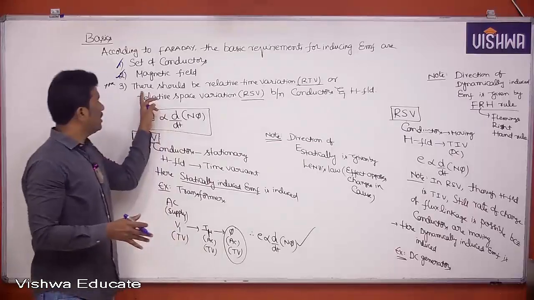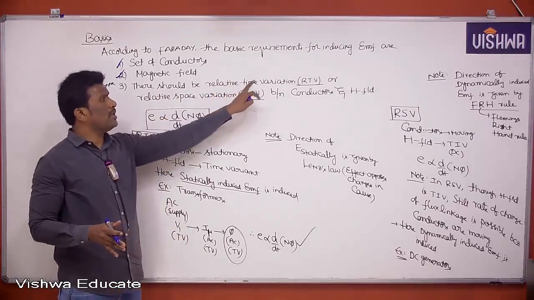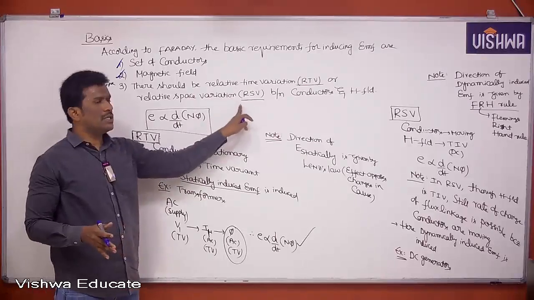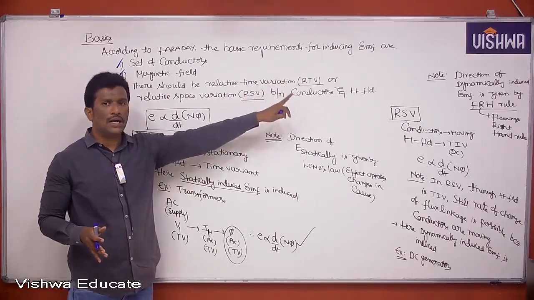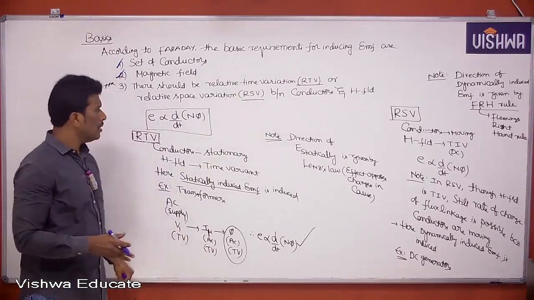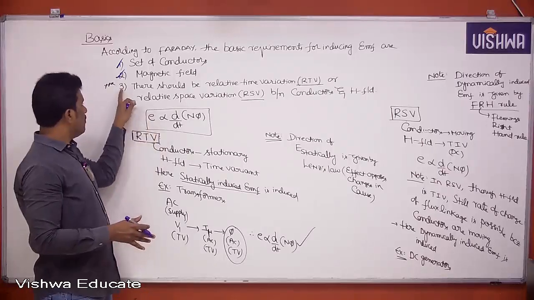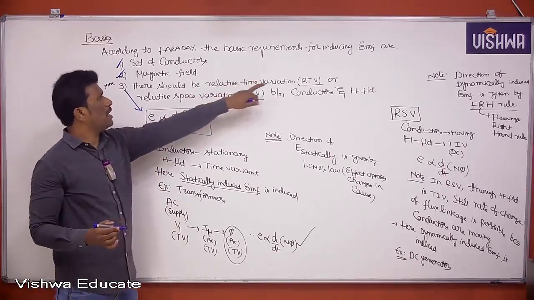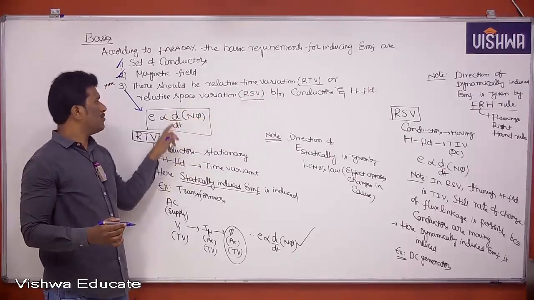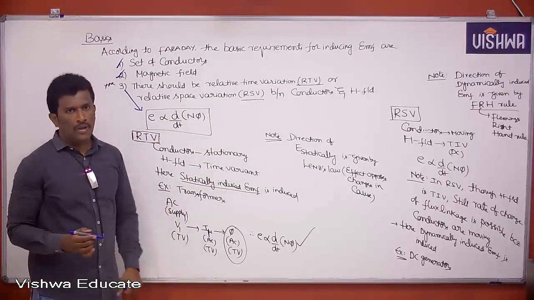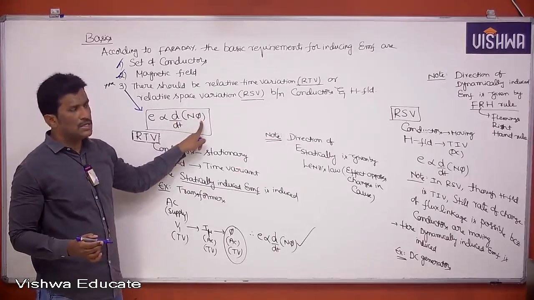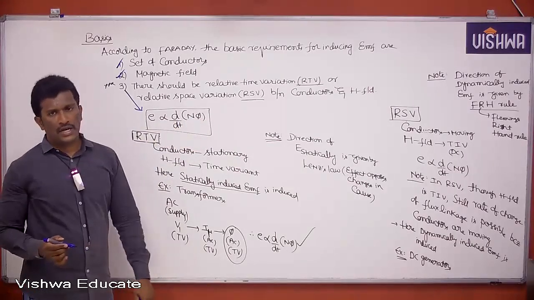So that's why I'm writing here: there should be relative time variation RTV or relative space variation RSV between conductors and magnetic field. So indirectly, because of RTV or because of RSV, rate of change of flux will be possible. So indirectly I can say that there should be rate of change of flux linkage, then only EMF will be induced in a conductor.